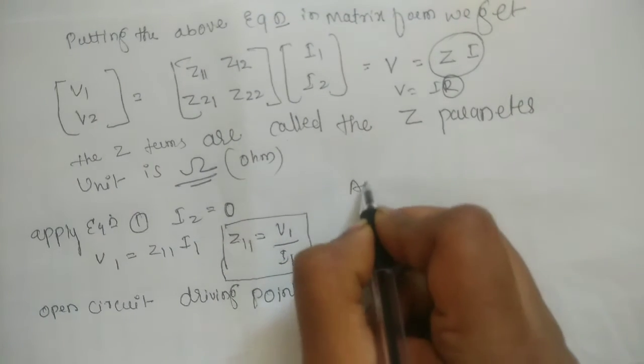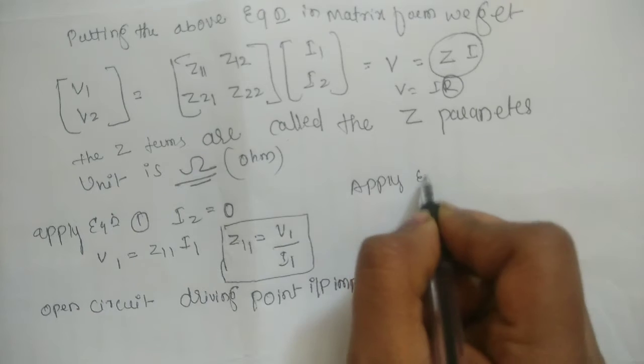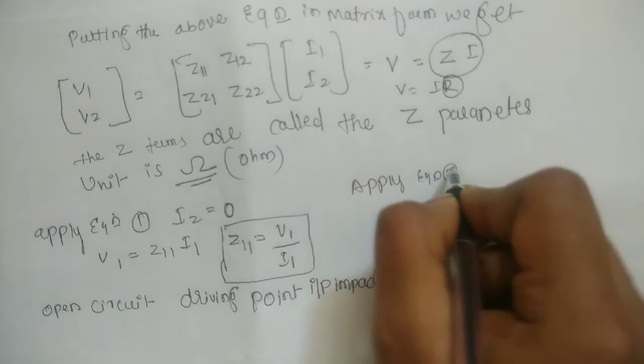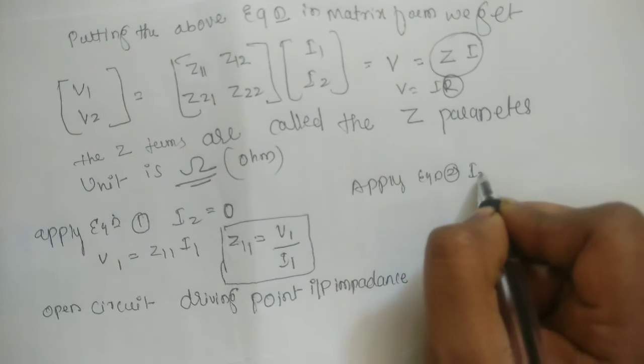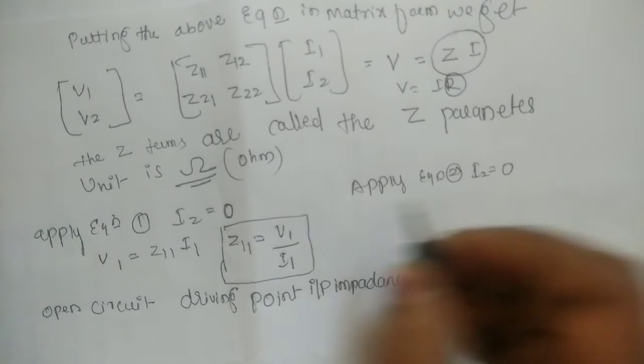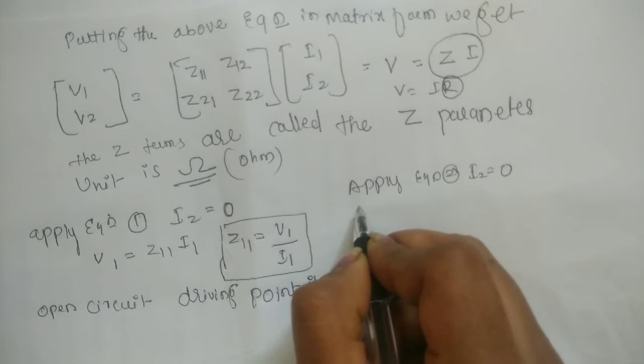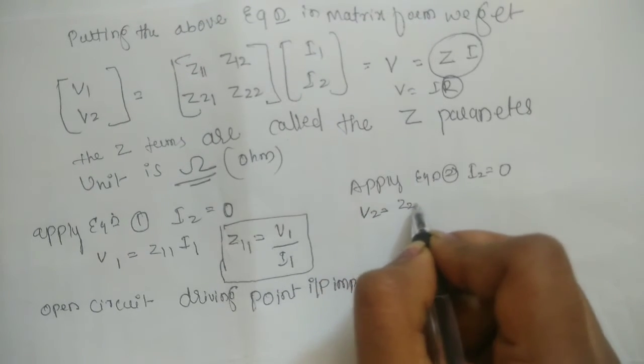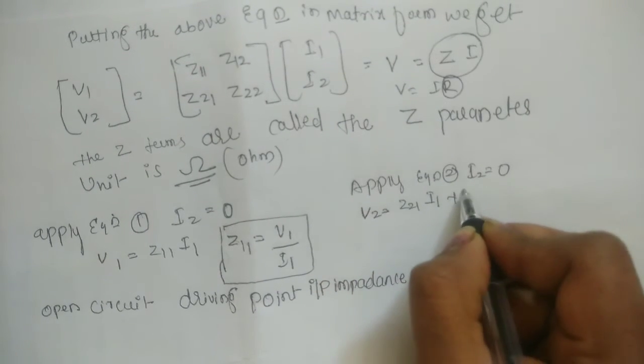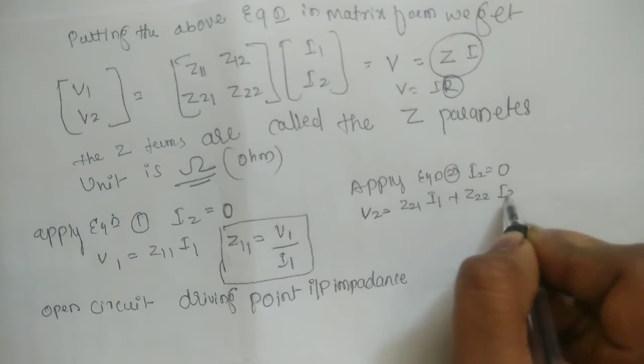Now apply equation 2 with I2 equals 0. What will come? V2 equals Z21 I1, the Z22 I2 term becomes zero.